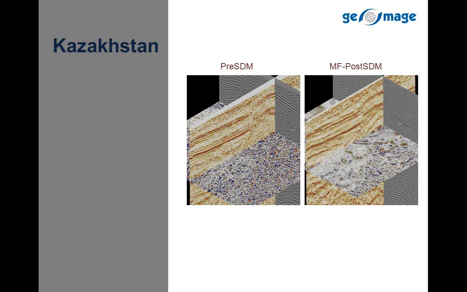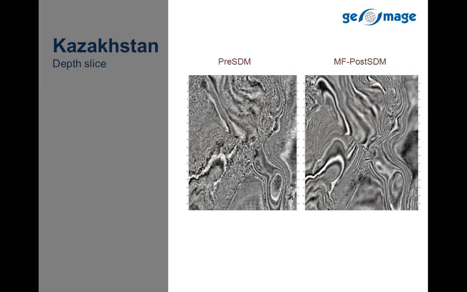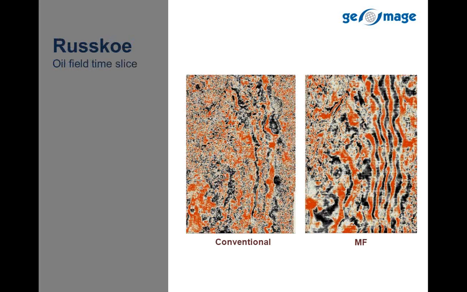And you see here a time slice where the conventional processing gives practically noise. These are time slices or depth slices of the conventional and the multifocusing. Another time slice from another oil field.